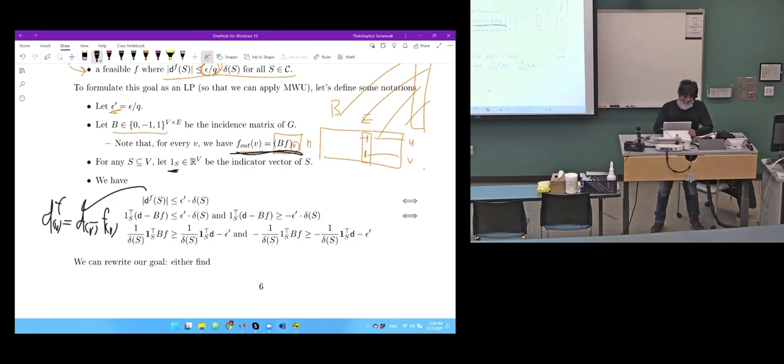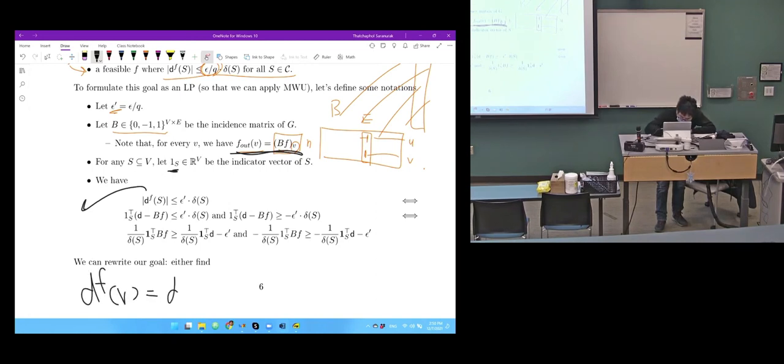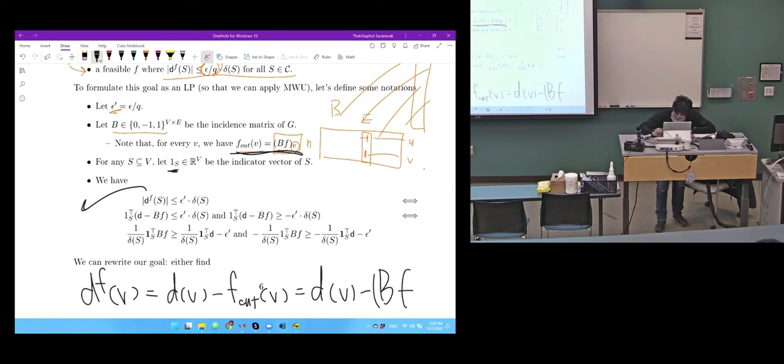So Df of v is just d_v minus f out of v, which is d_v minus (Bf)_v.